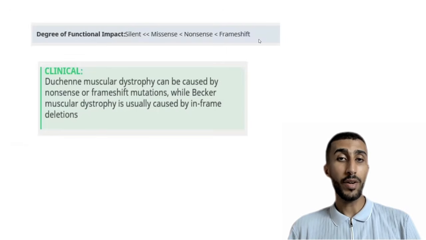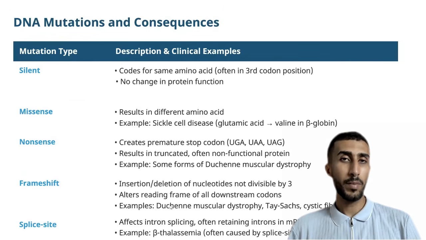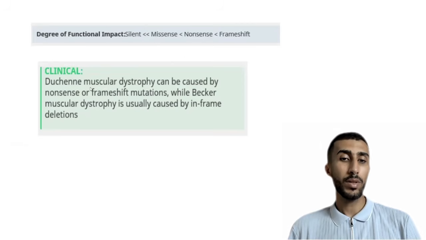And the next is frame shift mutation, the most dangerous because it affects all the consequently synthesized amino acids. Examples: Duchenne muscular dystrophy, Tay-Sachs disease, and cystic fibrosis. Duchenne muscular dystrophy, again, can be caused by nonsense or frame shift mutation, while Becker muscular dystrophy is caused by something else called in-frame deletions.